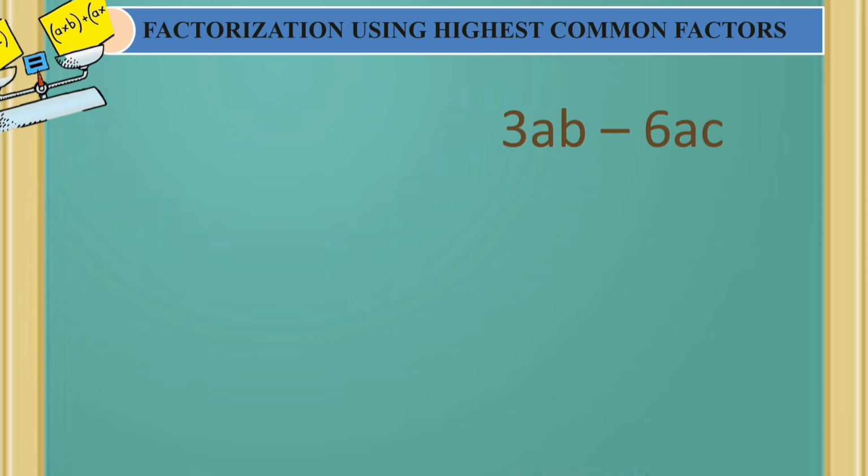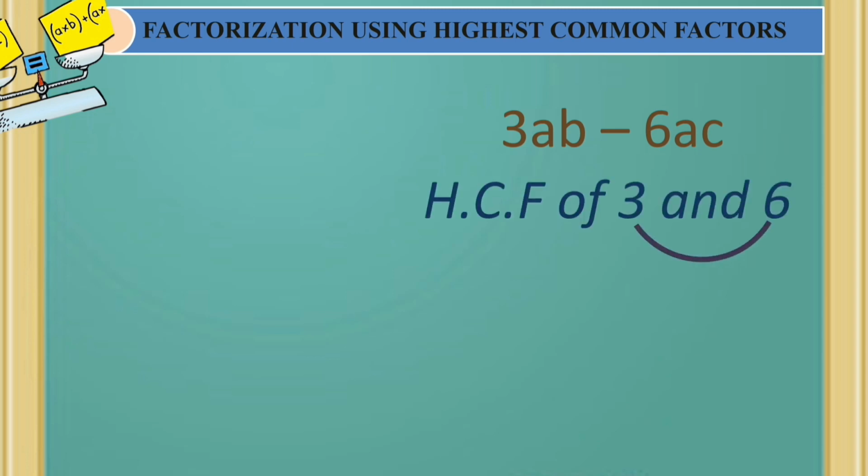Factorize 3ab minus 6ac. The first thing I told you to do in order to factorize this type of expression is to look for the HCF of the numbers. So look for the HCF of 3 and 6. What's the HCF of 3 and 6? 3. Notice that a is common between ab and ac. So we'll write 3a out.